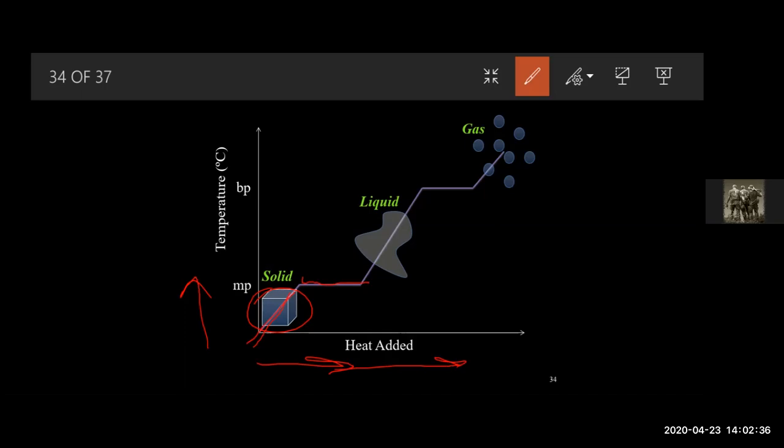At that plateau, we have a mixture of solid and some of it going to liquid, okay? Then eventually, when all that solid has melted and now becomes liquid, we get another jump increase in temperature as we add more heat. Here, it's all in the liquid phase. And guess what? We hit a second plateau.